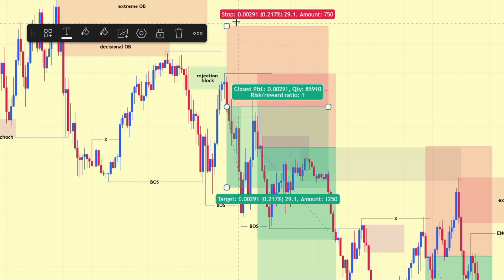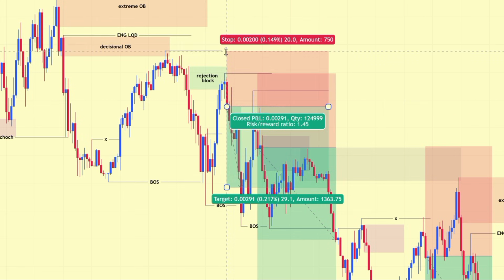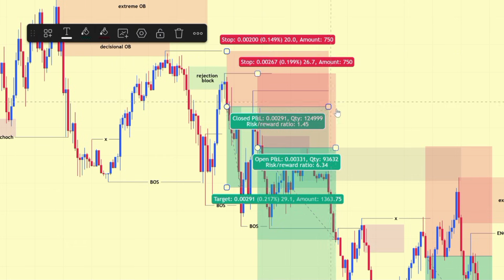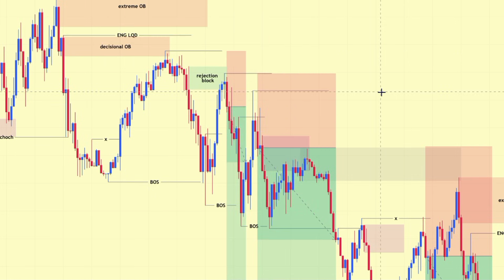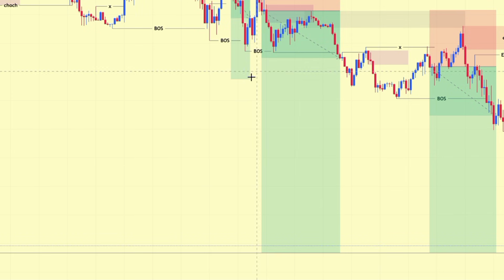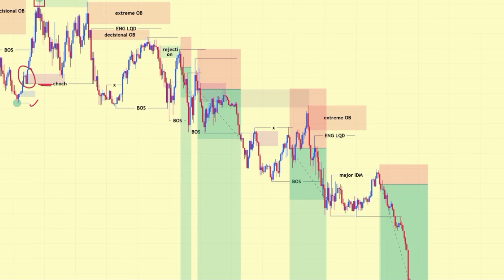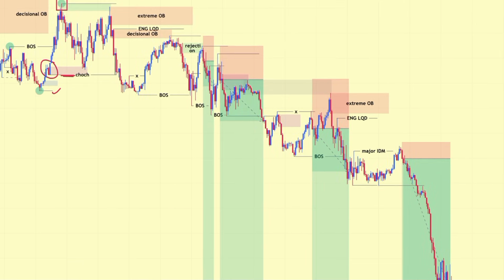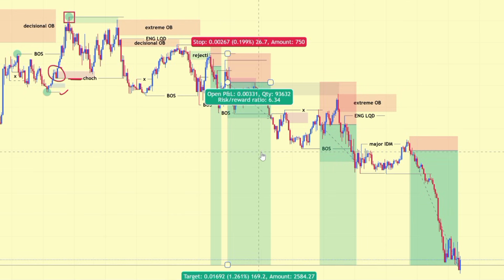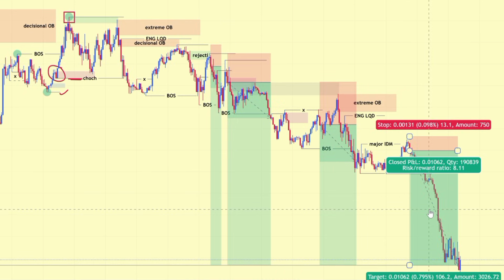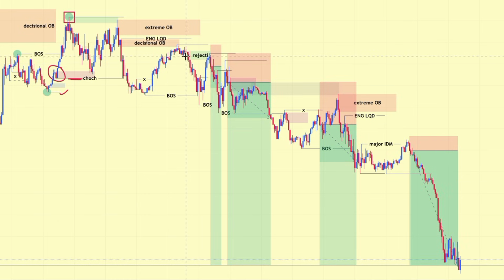Imagine how many trades you would have taken if you would have shifted to the lower time frame. So you can clearly see again this here was another trade, of course targeting that low. And as you can clearly see, these were all the trades you would have taken here. So how many trades were these? You can clearly see these were 1, 2, 3, 4. 4 trades, of course.